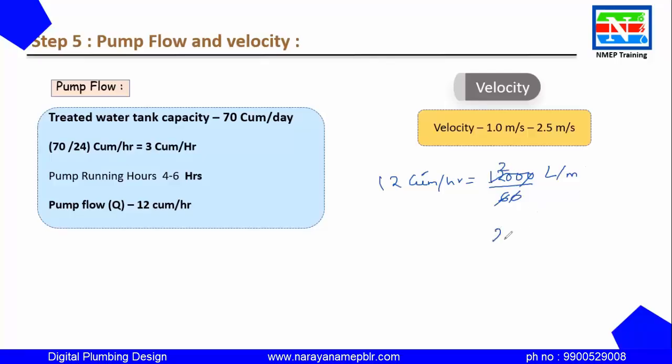Near about 200 LPM. In 1 minute, 200 liters will flow, right? All are clear? This conversion you can do, it is very easy.